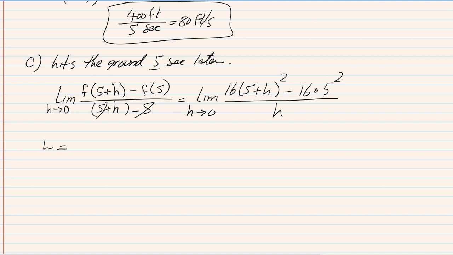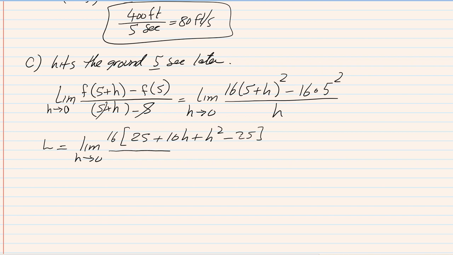So the limit as h goes to 0 of, in the numerator, we're going to factor 16 out, right? There's a 16 here, 16 here. And that's going to be 5 squared, 25, plus 2 times 5 is 10h, twice first by second, plus h squared, minus, remember we factored the 16 out, so we only have 25.